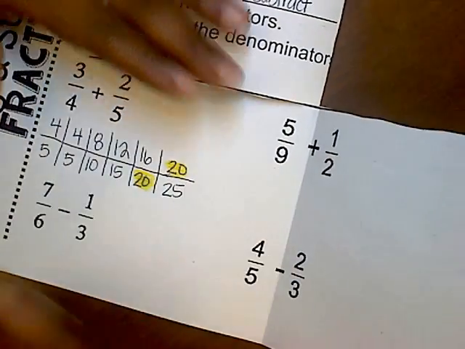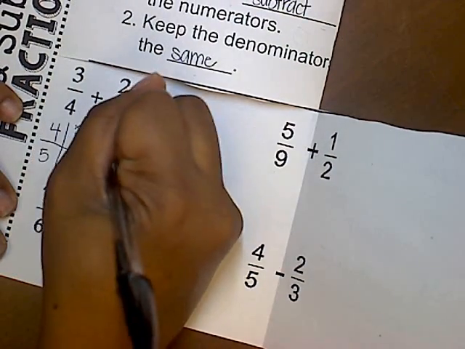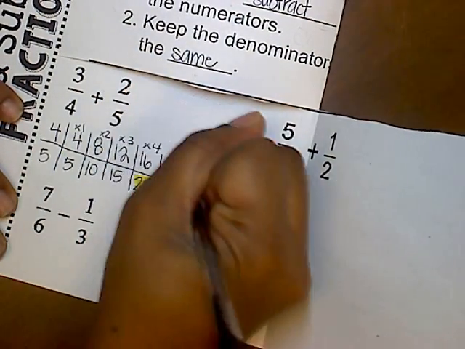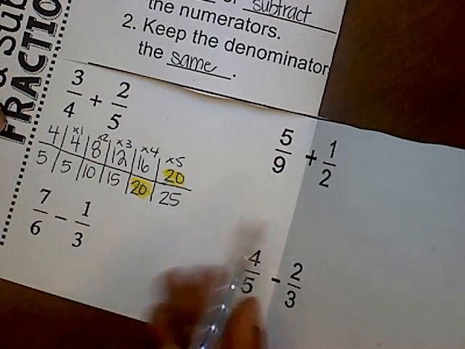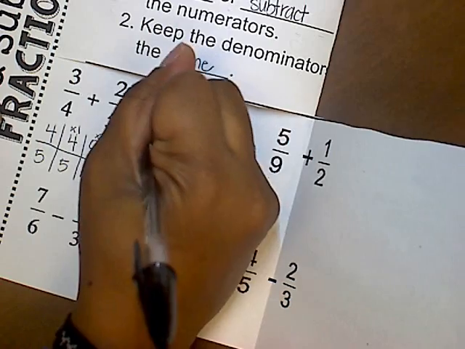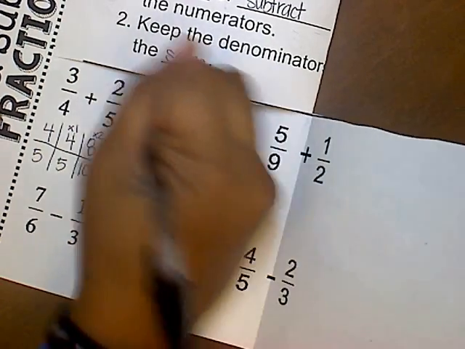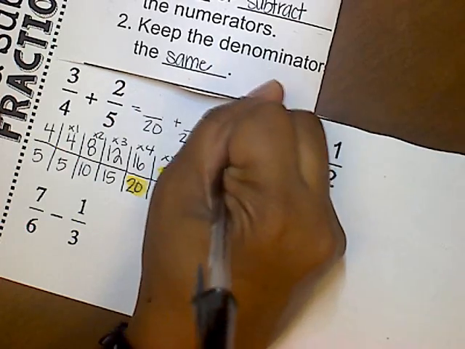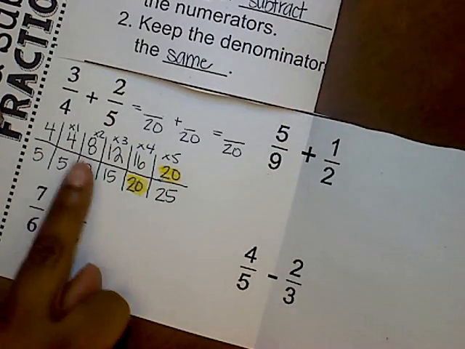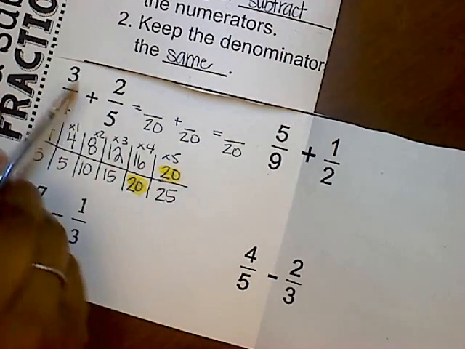So that's what we want to do. Remember, this was times 1, times 2, times 3, times 4, times 5. So we want 20 to be our multiple. We know we want to end up making both of these denominators 20, and that's going to be our common denominator. But how do we do that? We just take what we already did. So 4 times what gave us 20? 4 times 5.